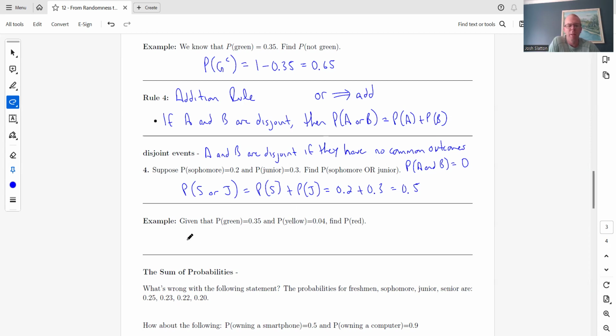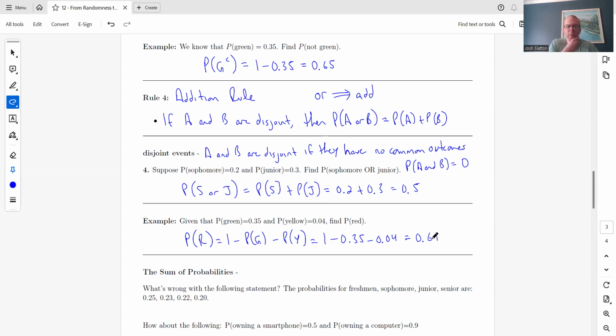So the probability of green plus the probability of yellow plus the probability of red would have to equal 1. If we do 1 minus the other 2, that gives us what we are looking for. So this is 1 minus 0.35 minus 0.04, and I think we get 0.61.